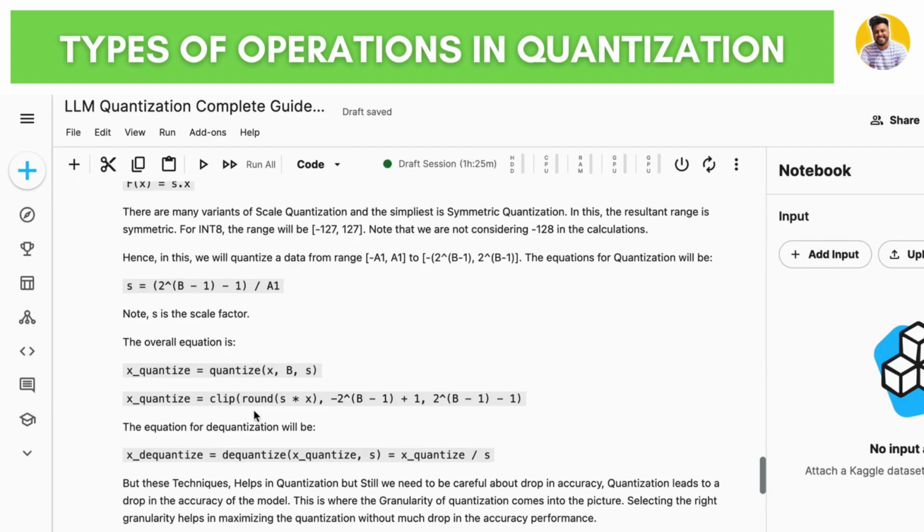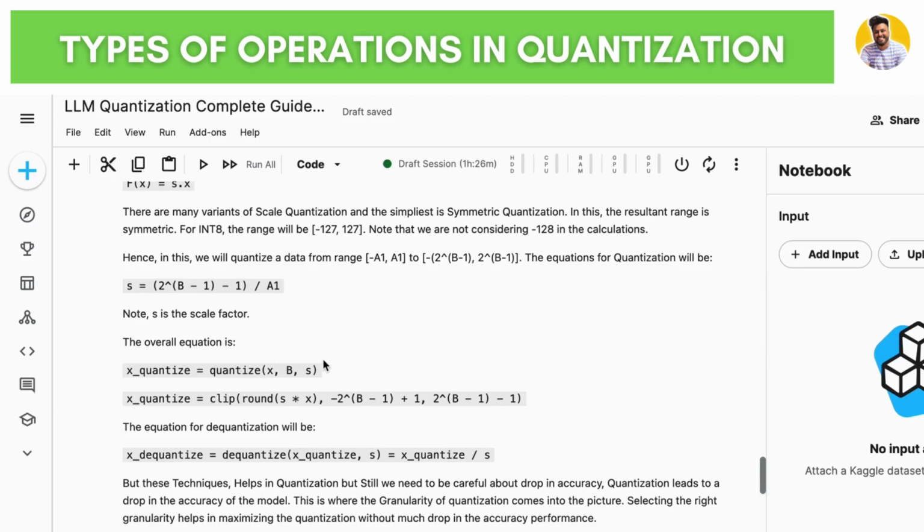So its formula looks like this now: X quantized equals clip round, and in between the range of our precision format. If you are using the int8, then it is -127 to +128. Okay, and then it has the same kind of de-quantize formula as well. Now you completely understand the affine quantization along with the scale quantization.